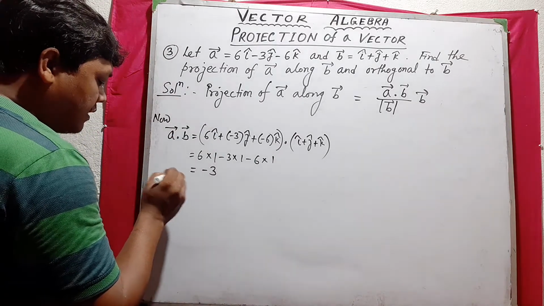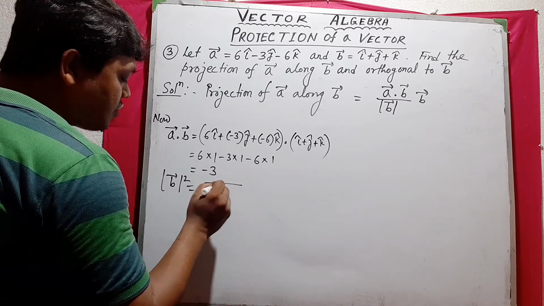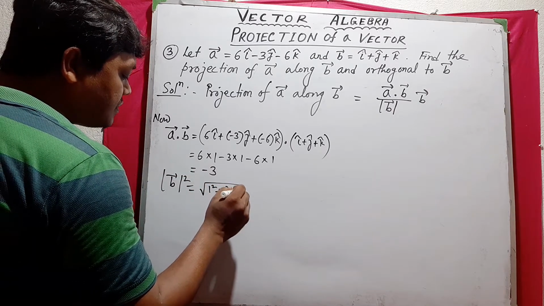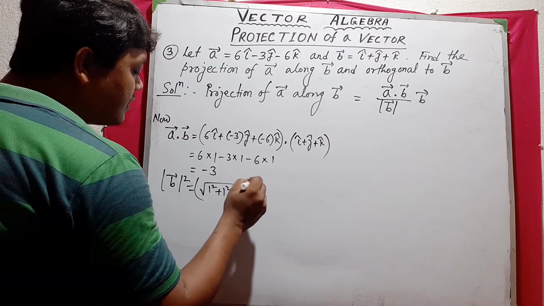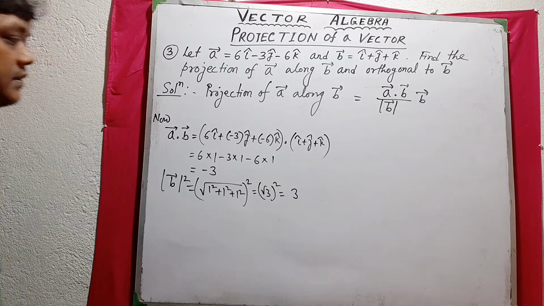and mod of b square, that's equal to square root of 1 square plus 1 square plus 1 square whole square, that is root 3 whole square, that is 3. Am I right?